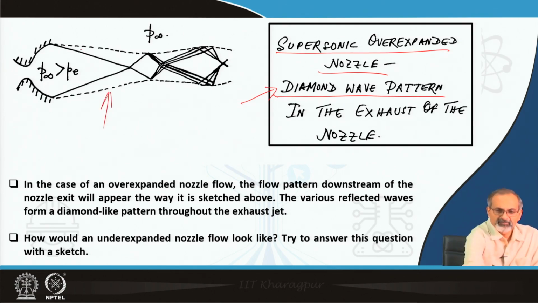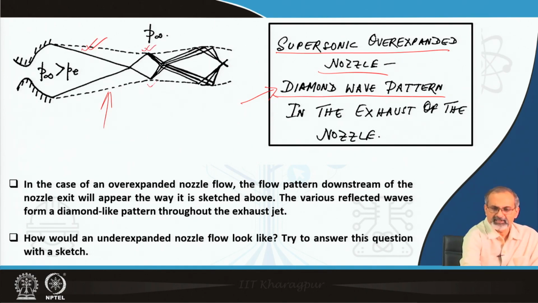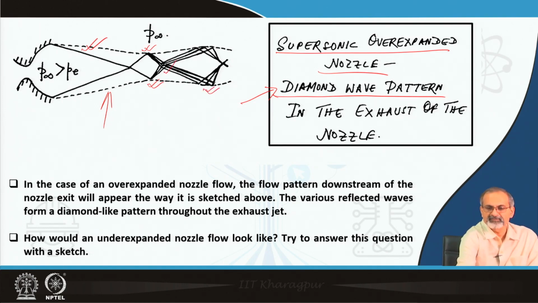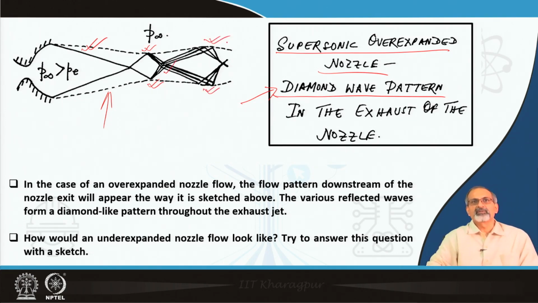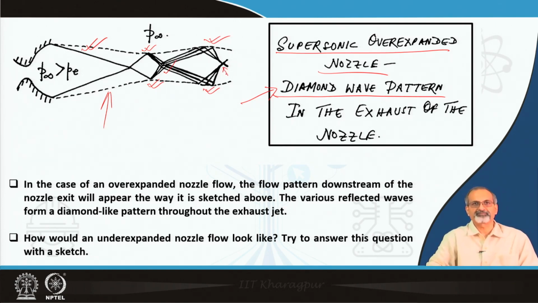First it began with two oblique shocks approaching each other, refracting, then for the first time reaching the constant pressure boundaries, reflecting back as expansion waves. Those waves refract further in this region, then reach the constant pressure boundary again, reflecting back as compressive waves, and this goes on alternately.